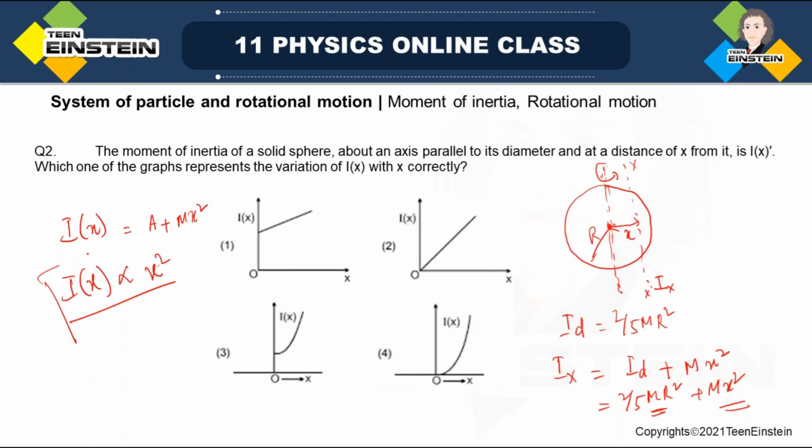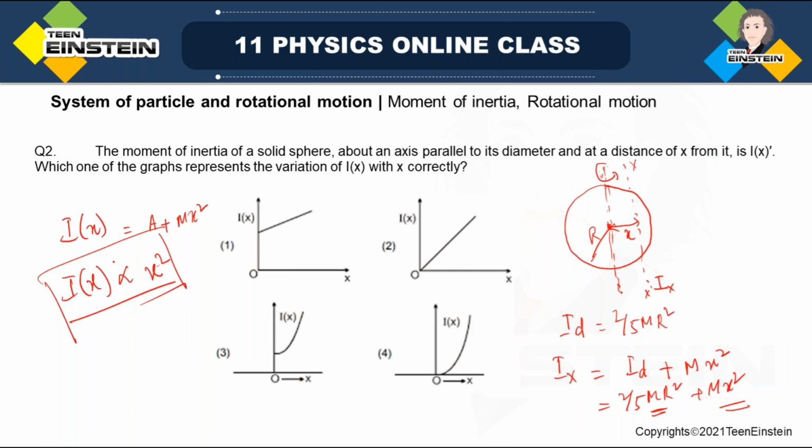Therefore, I of x is directly proportional to x square. So if that is the case, it will be like a parabola.